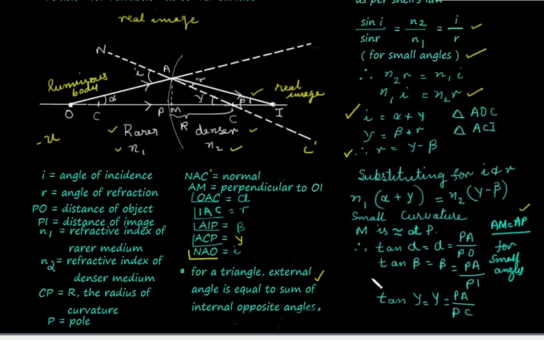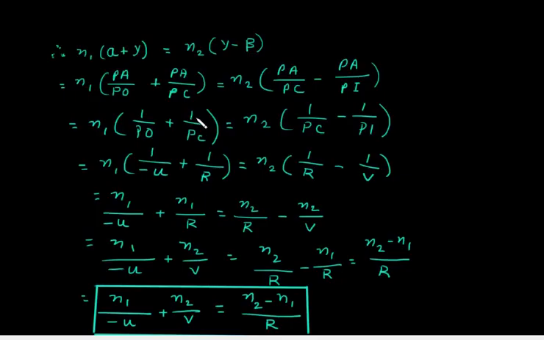Tan gamma, considering this triangle, is equal to gamma because it is a small angle, and that is equal to PA by PC. Therefore, N1 into alpha plus gamma is equal to N2 into gamma minus beta.